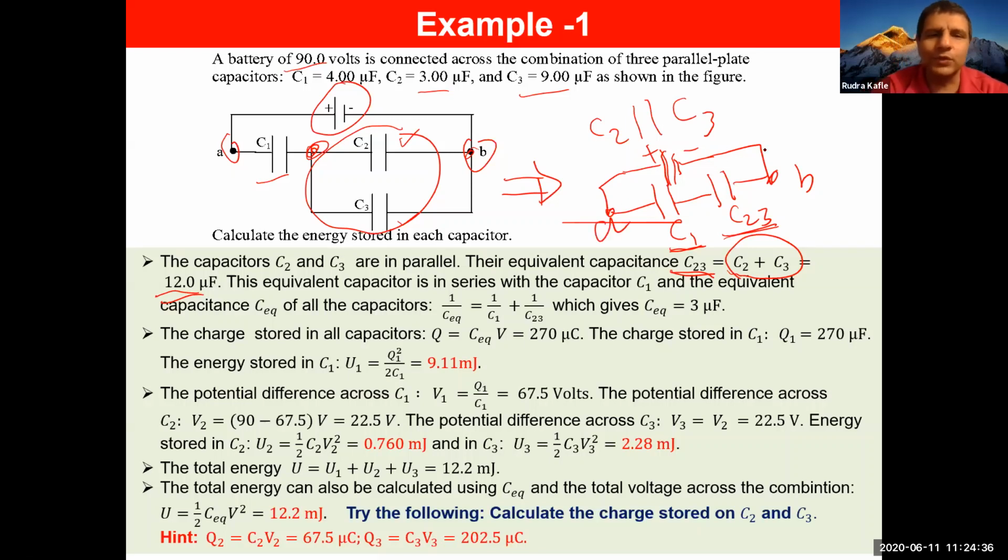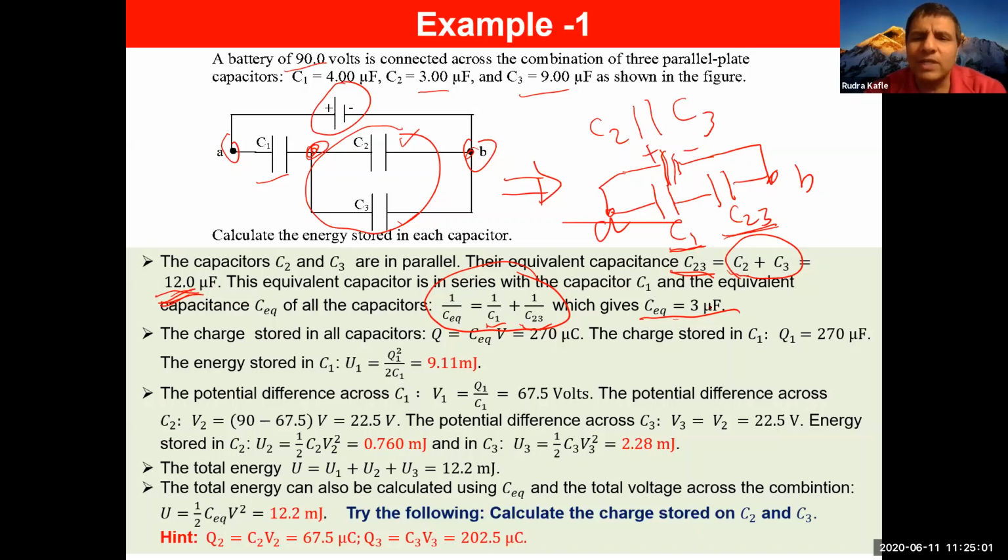Now you will find the equivalent capacitance of those two capacitors by using the formula which I have done in the previous lecture, right? Once you plug in the value of C1, which is 4 microfarad, and C23, which we just calculated, 12 microfarad, you get the equivalent capacitance, which is 3 microfarad, right?